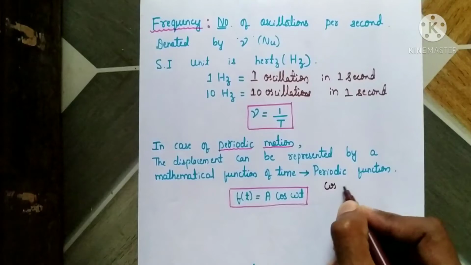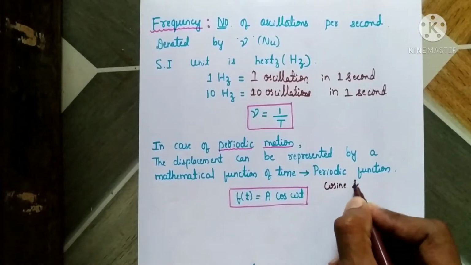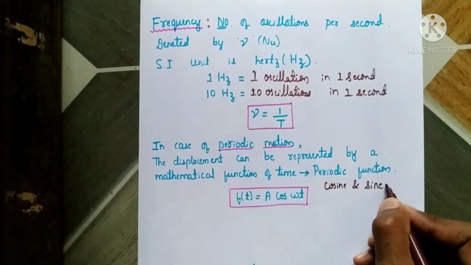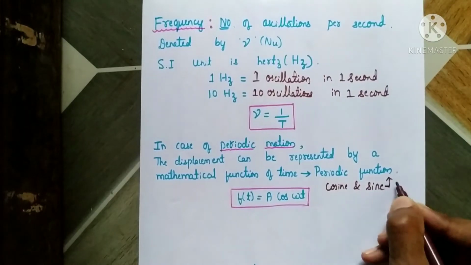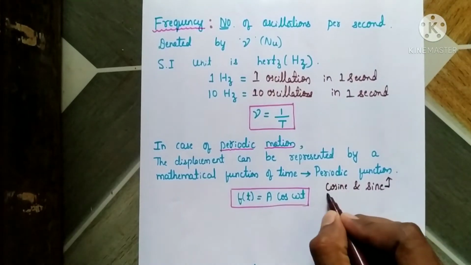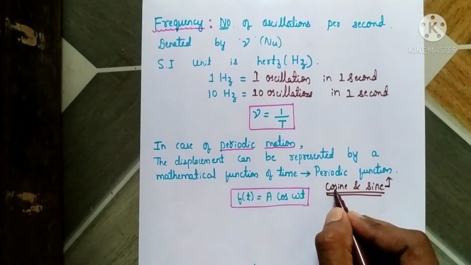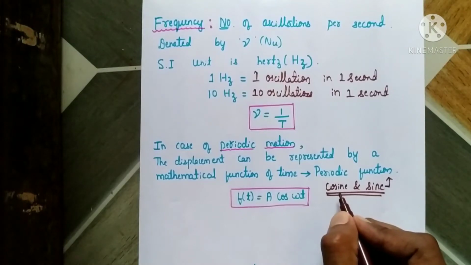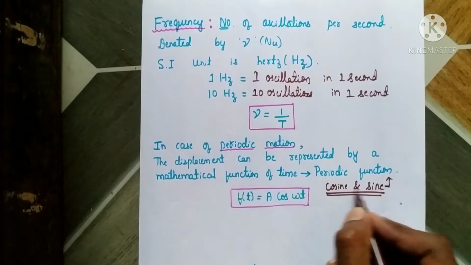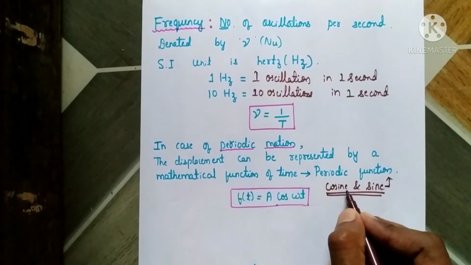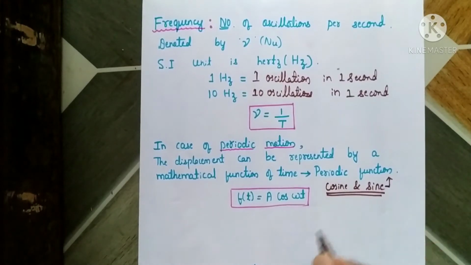Here I will write cosine and sine. These are periodic functions because the values of sine and cosine repeat after every 2 pi radians. Okay, now let us prove that one.